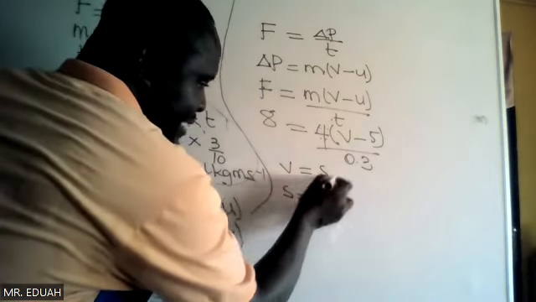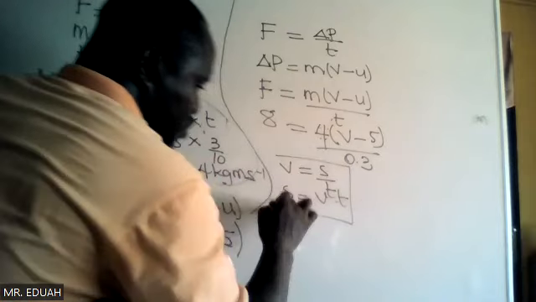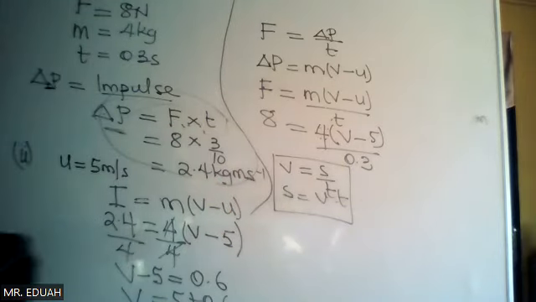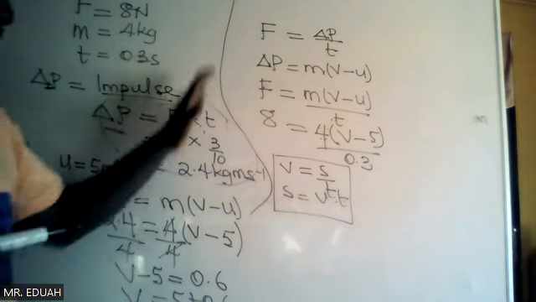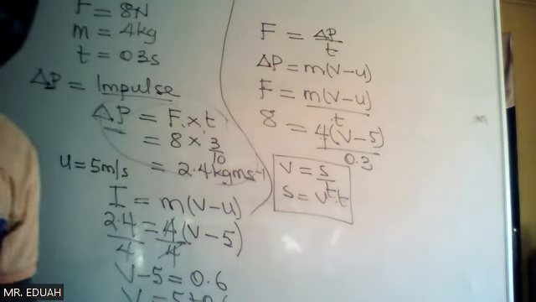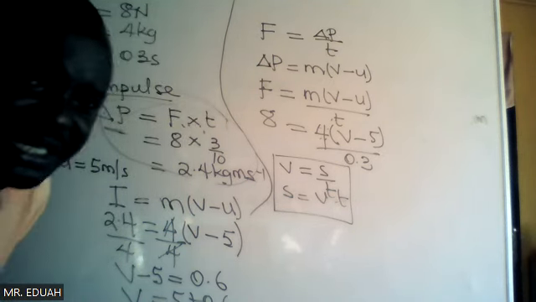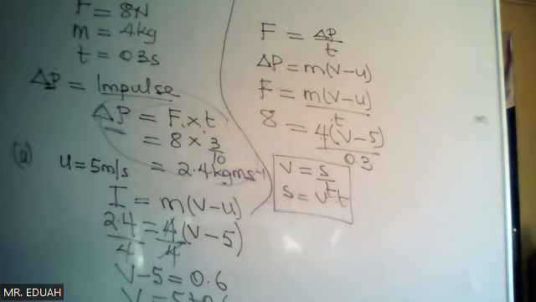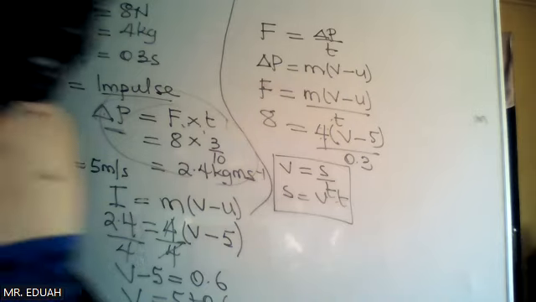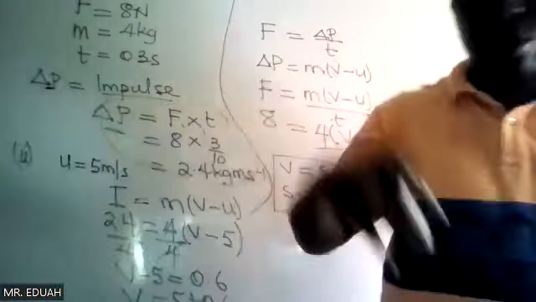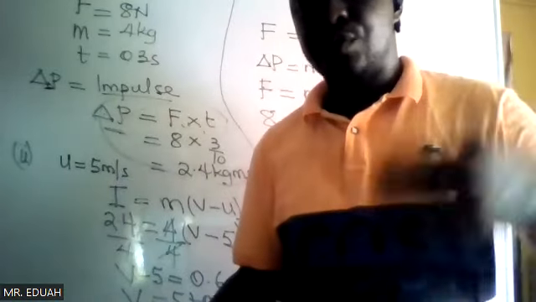You see, let's see when to use this and when not to use this. As we go through the question, we realize the body accelerates, isn't it? Does the body accelerate, class? Yes, please. What is acceleration? Rate of change of velocity with respect to time.